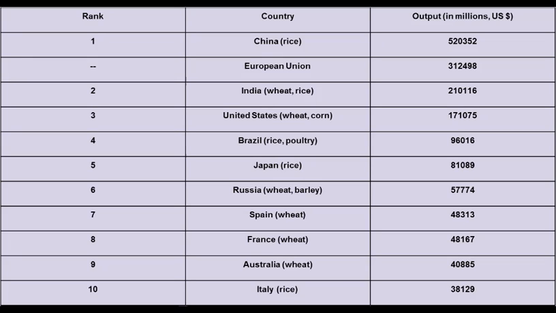Next up is India, and then ourselves, Brazil, Japan, Russia, Spain, France, Australia, Italy. You don't need to know those numbers, but you should know the places that produce a huge amount of grain. And I would assume that you'd know those things even without me giving you this little table here.